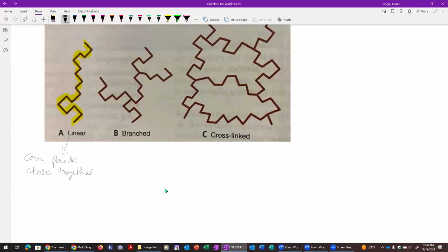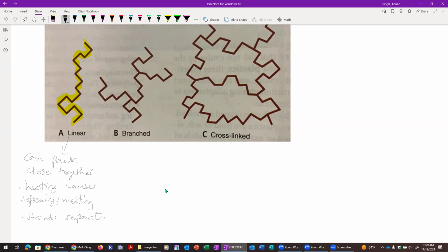And when these are heated, this leads to the melting of this type of polymer. So heating causes the softening or the melting as the strands separate from each other.